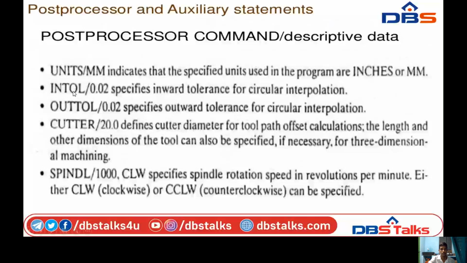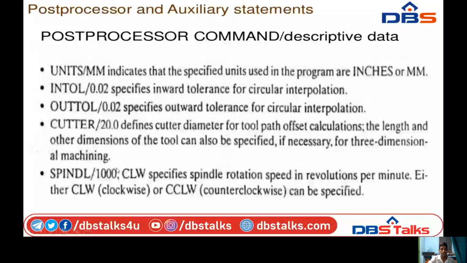Next, intol. Intol means tolerance, inside or inward tolerance. Intol indicates inside or inward tolerance, that means 0.02. Next, outward tolerance 0.02. Next, cutter diameter 20.0 defines the cutter diameter for toolpath offset calculation.